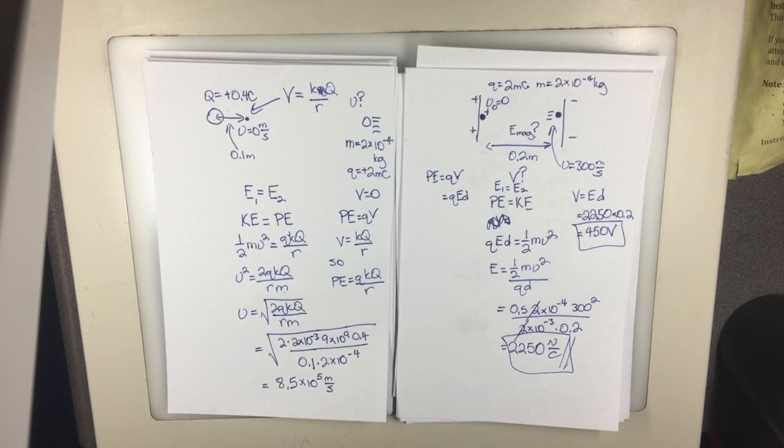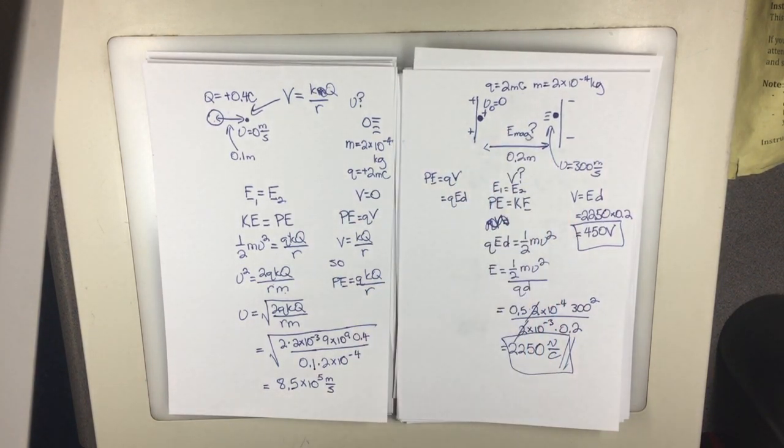The potential energy is based on little q times big V. And that big V in this case is kq over r. Over here, it's a little bit nicer in the sense that the potential difference is nice. The E field is linearly changing. It's a different type of problem. But at the core, it's still the same thing.